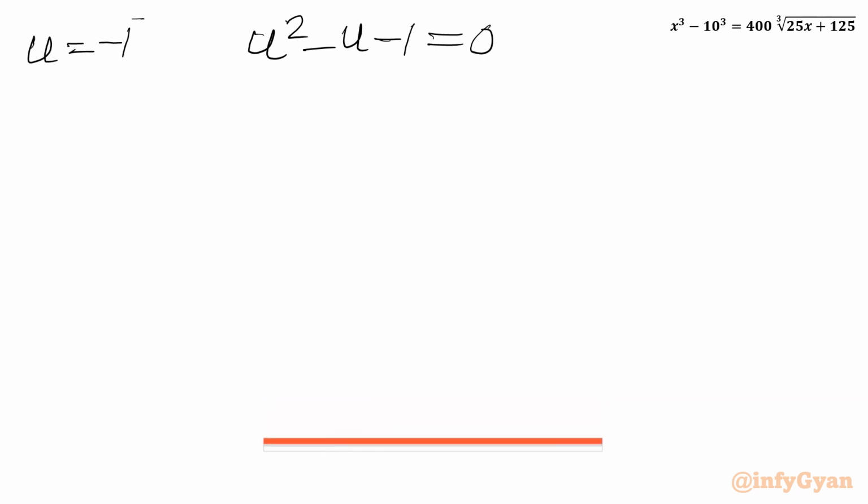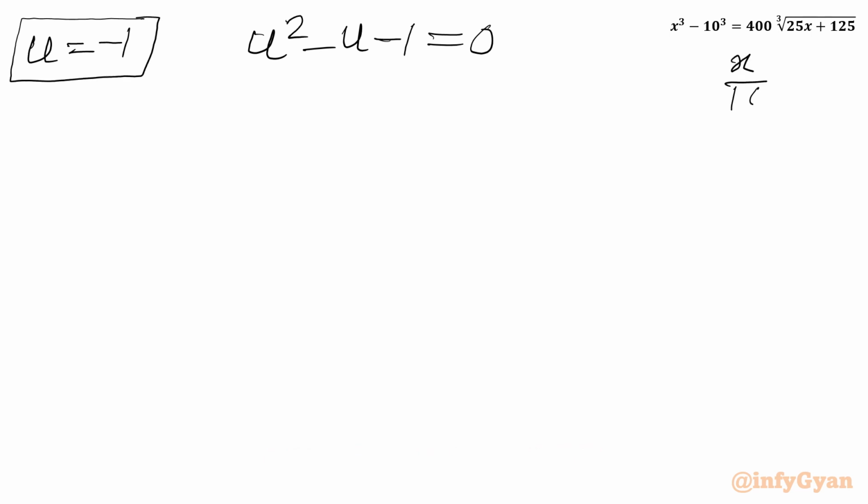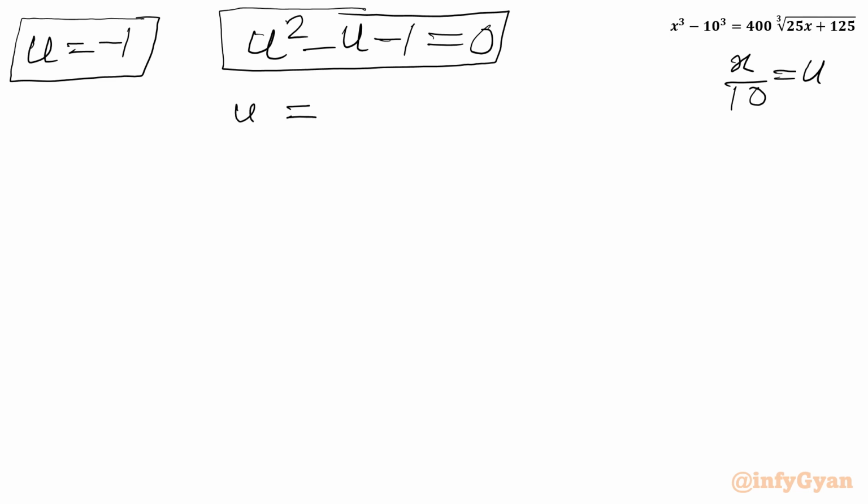And remember, U was our substitution, x over 10 was U. Let's solve this quadratic equation first. I can use the quadratic formula, minus b plus or minus square root of b² minus 4ac, over 2 times a.